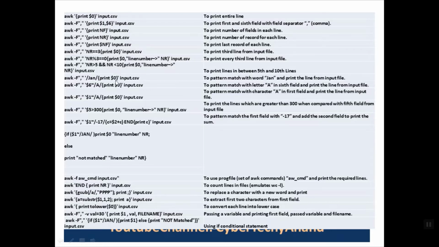Just for understanding purposes, I'm explaining how to write the basic syntax of AWK. Then we shall jump on to the demo, and we will clearly go through each of these commands mentioned here, so that you will get a complete understanding of AWK.